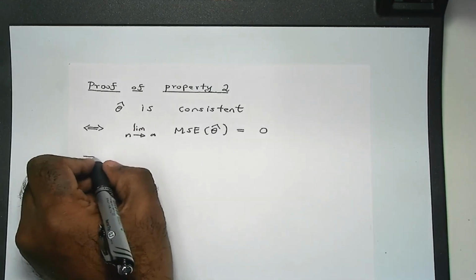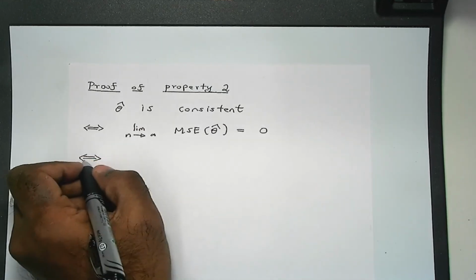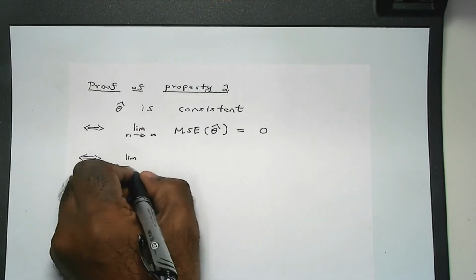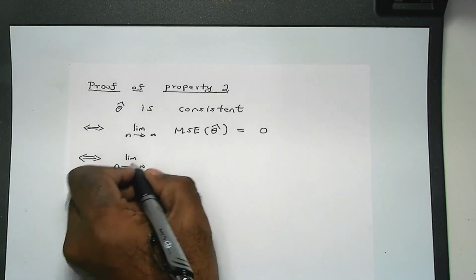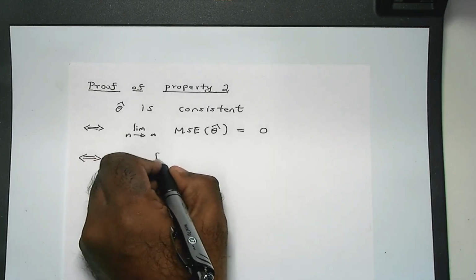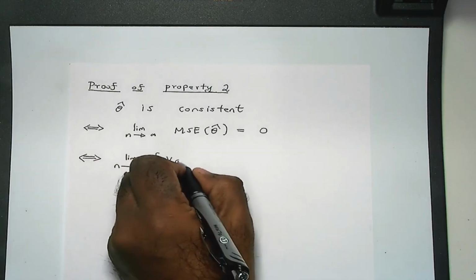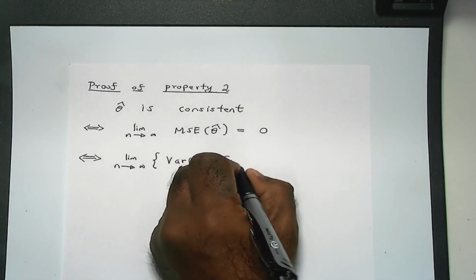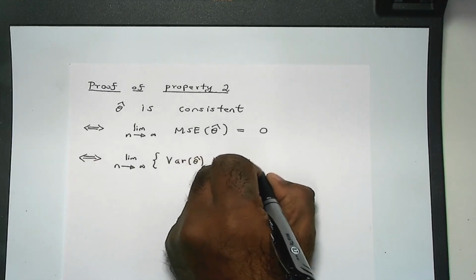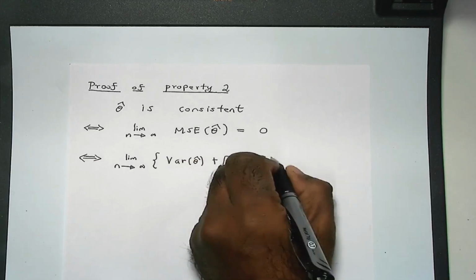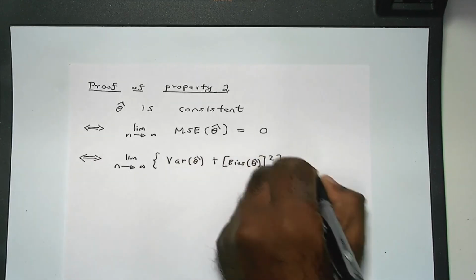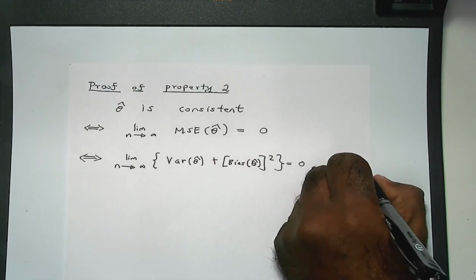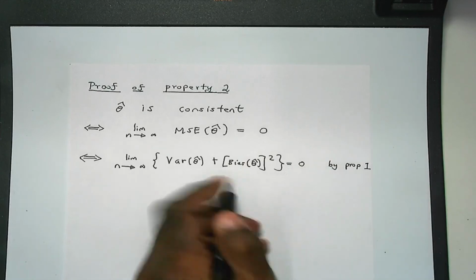Now, this is the same as saying that the limit, using property 1, which I just proved, MSE is equal to this plus this.